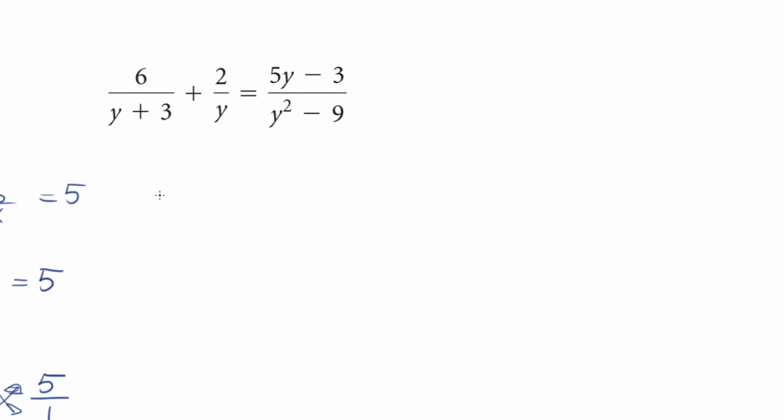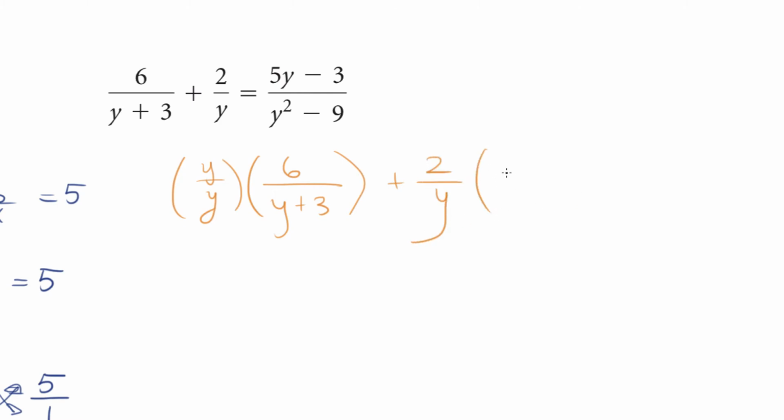So on the left side, I'm going to multiply by y over y times 6 over y plus 3. On the right side, I'm going to multiply by y plus 3 over y plus 3. And for now, I'm just going to leave the right side by itself. Now, before we continue, we need to exclude the values that are going to give you 0 in the denominator.